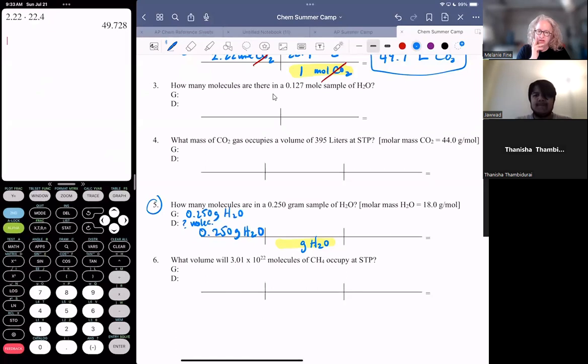Yeah, but I have no idea how many grams is in a. So no, we don't convert grams to numbers of molecules without knowing something in between. What do we convert grams to?